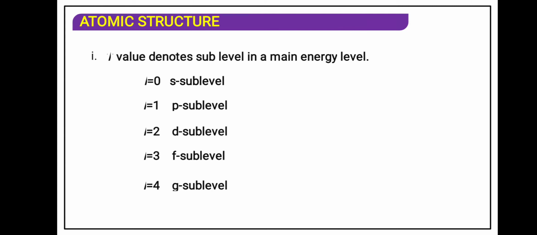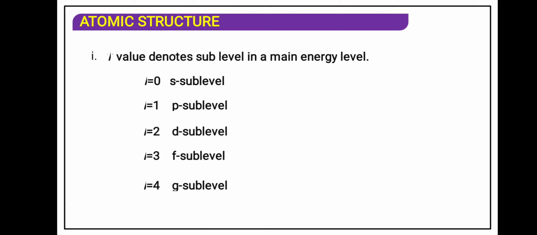L equal to 0 means sub level, that is subshell. Try to understand subshell. Now S, P, D, F are the subshells; further, the G subshell will also be discovered at a later level. Here I have written it for your understanding: S, P, D, F and G. Right now we are not using the G subshell, we are just familiar with SPDF.